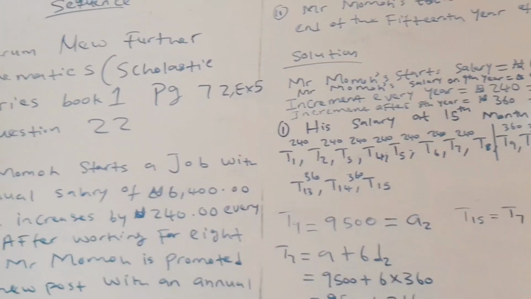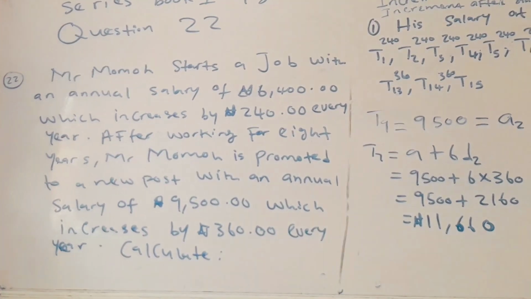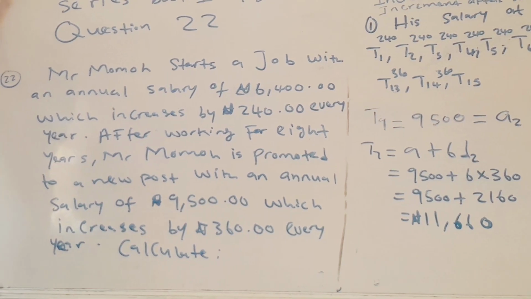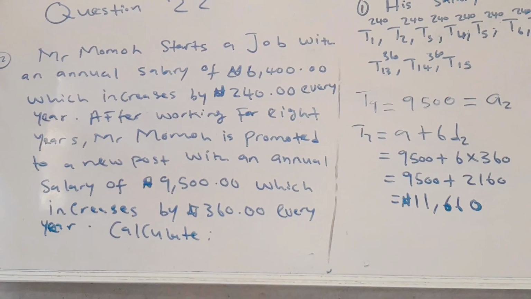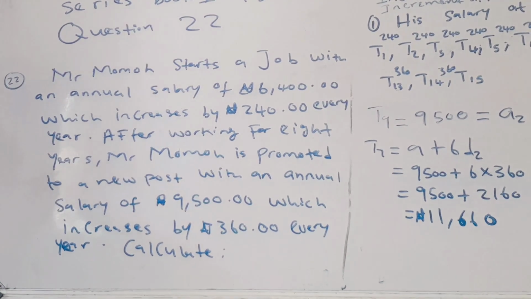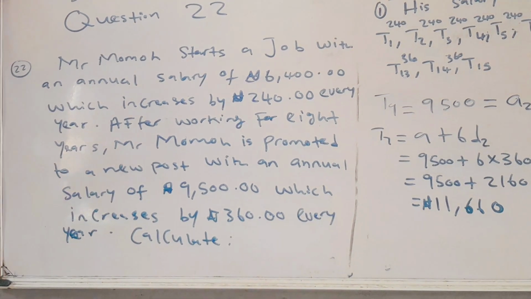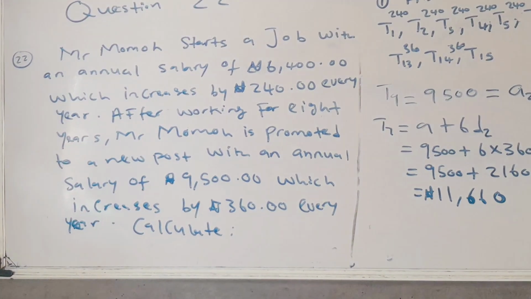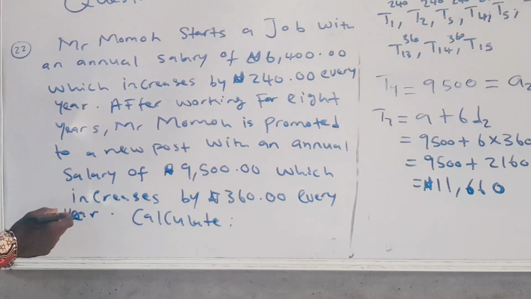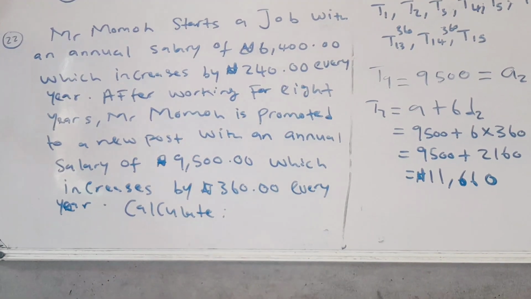Now, question 22 says that Mr. Momo starts a job with an annual salary of 6,400 naira, which increases by 240 naira every year. After working for 8 years, Mr. Momo is promoted to a new post with an annual salary of 9,500, which increases by 360 naira every year.